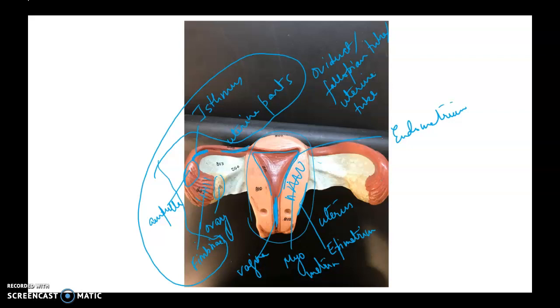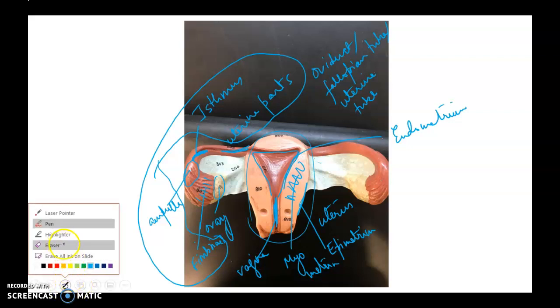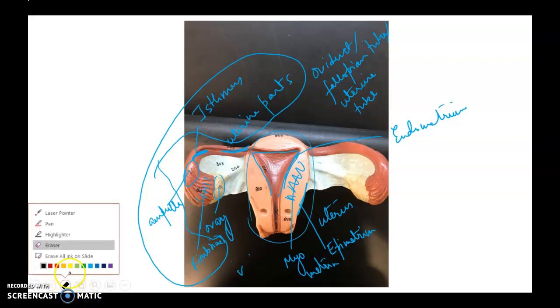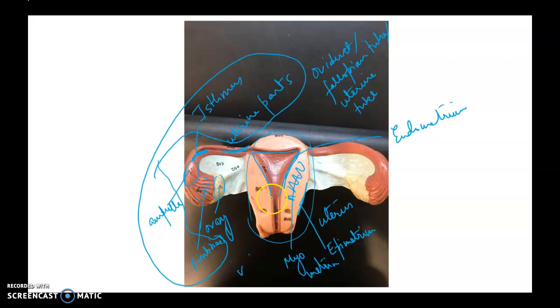Oh, I'm sorry. This is not the vagina. Okay. This is the opening of the uterus, and this is the cervix. Cervix right there. What else? This ligament is called the broad ligament.